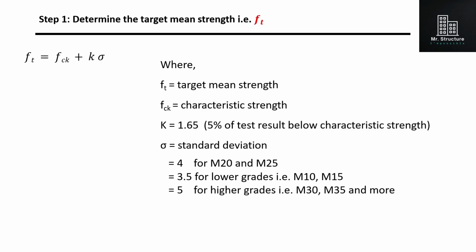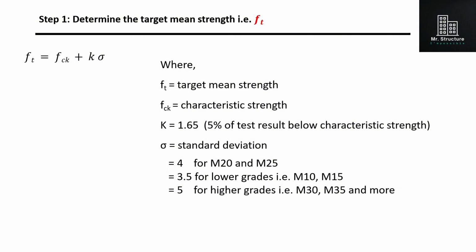Sigma is the standard deviation. Sigma is equal to 4 for M20 and M25 grades of concrete. For lower grades than M20, like M10, M15 or lower, sigma is 3.5. Similarly, for higher grades than M25, for example M30, M35 and higher, sigma is 5.